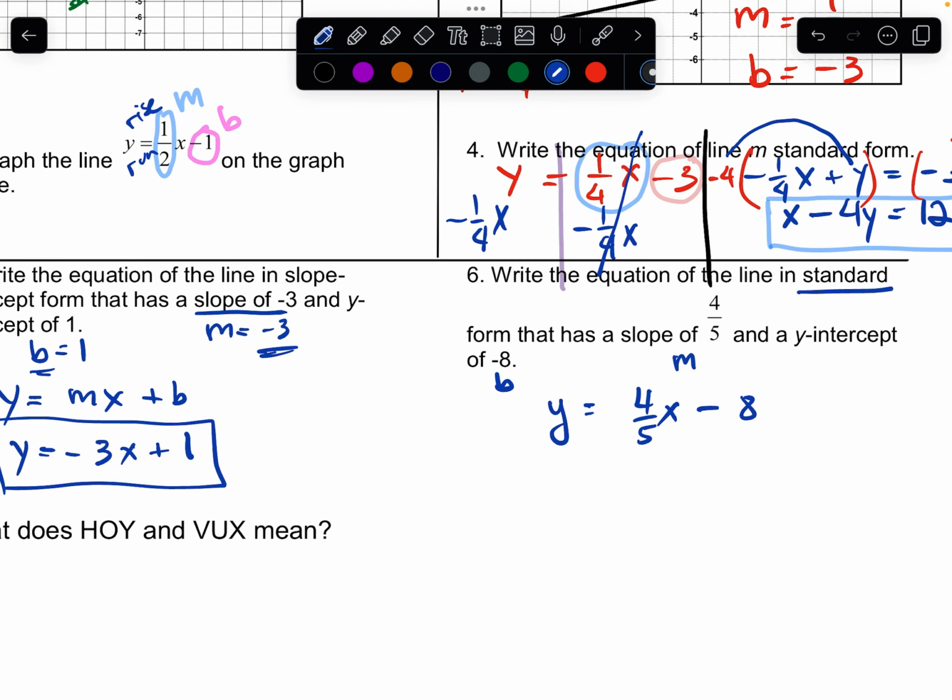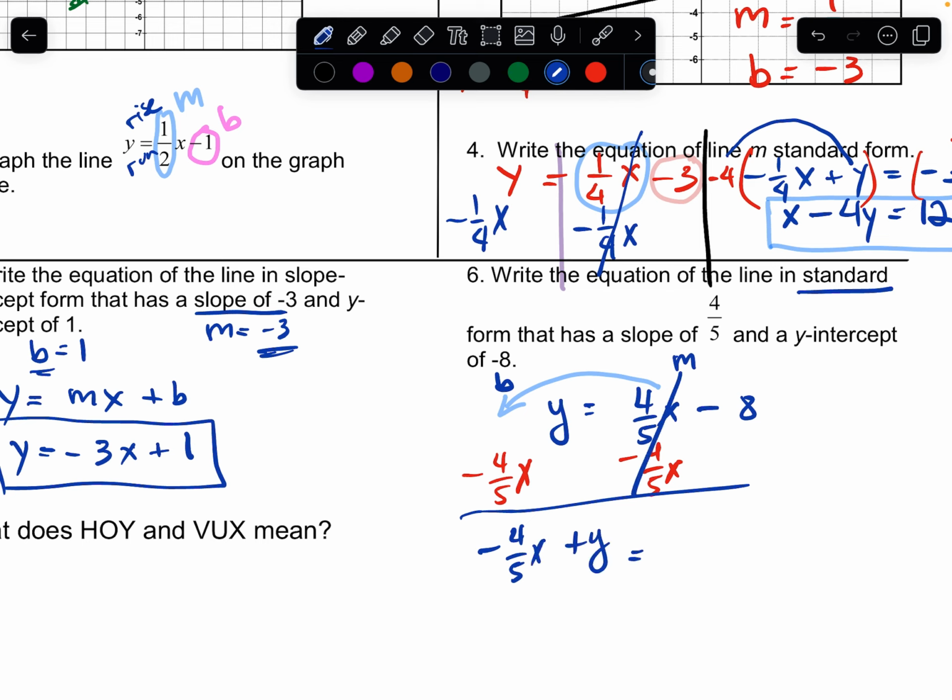So we've got to move this x to the other side. So I'm going to subtract 4/5 x from both sides. Now this becomes, if I add them all up, negative 4/5 x plus y is equal to, that's gone, negative 8.